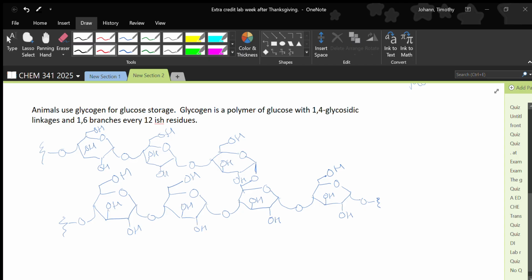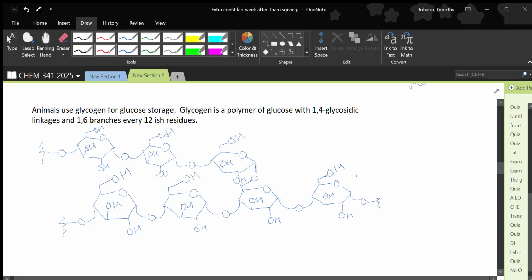But there are directions in these, okay? So we can talk about two ends. Just like in proteins, we have an amine end and a carboxylic acid end. We have a 5' end and a 3' end when we're talking about nucleic acids, right? We don't really have polymers for lipids, so we don't have ends there as much. But here we have a reducing end.